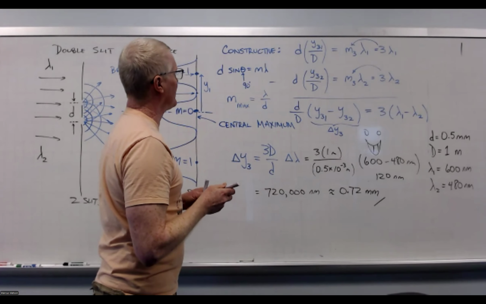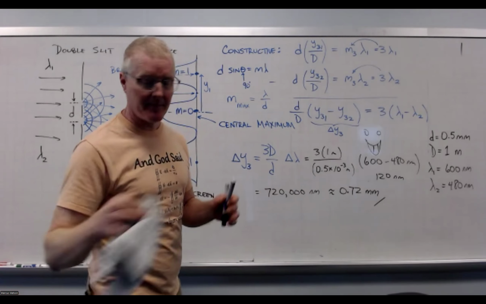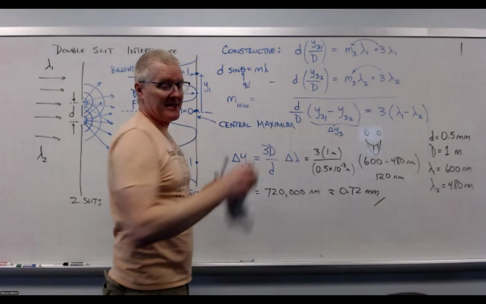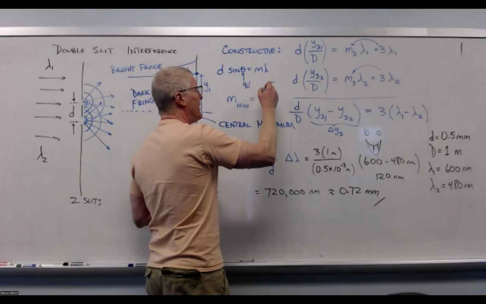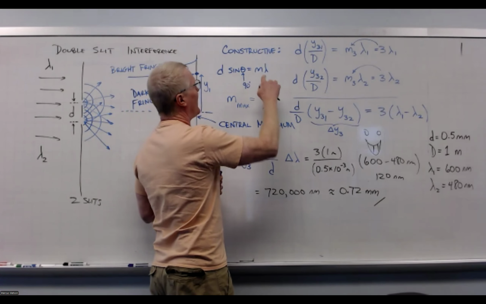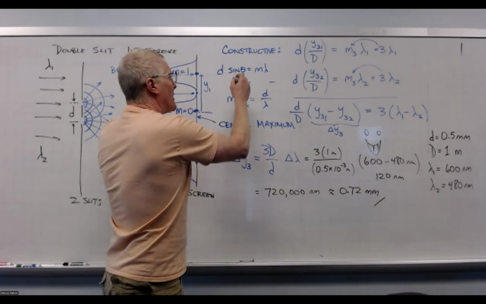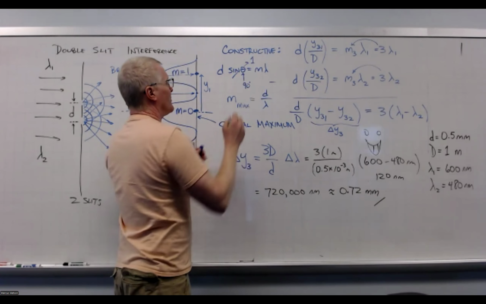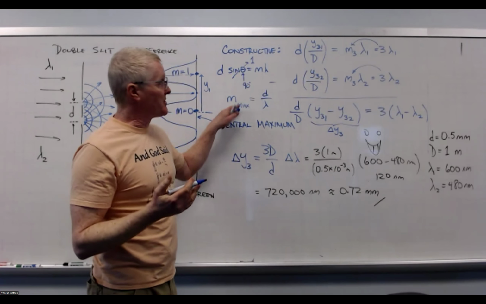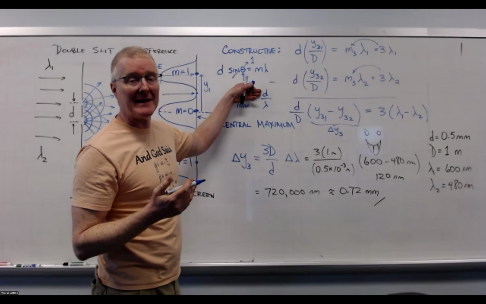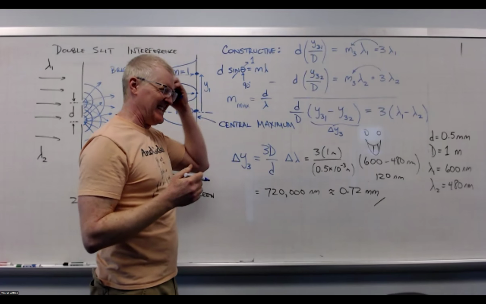Because sine, no, wrong way, d divided by lambda. The sine is 1, and so I have to swing that over here, and that becomes 1. So the maximum number of bright fringes would be the ratio of little d to lambda.